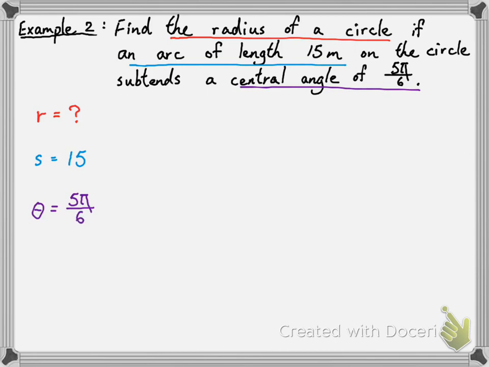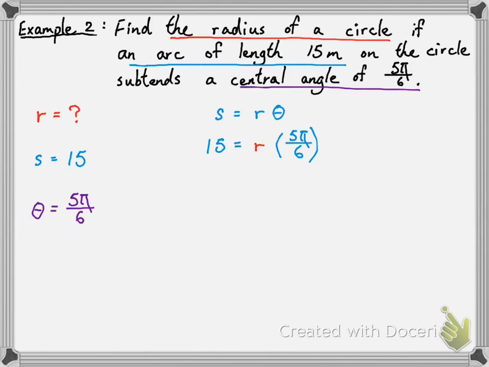So we will again use the arc length formula. s equals r theta. s is given to be 15. The r is an unknown. Theta is given to be 5 pi over 6. And that's it. This is our setup of the problem.